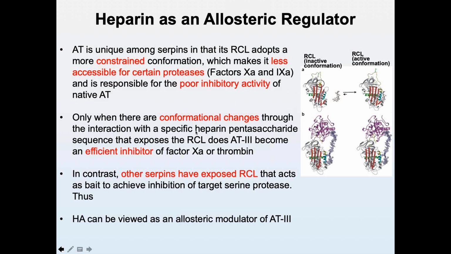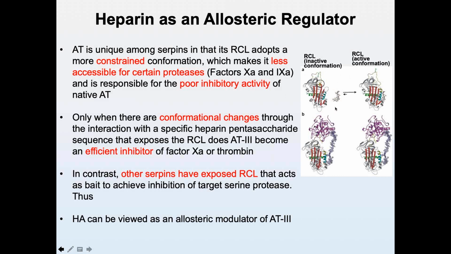However, other heparin antithrombin-like proteins, this conformation is in active form, is able to do what? Bind to what? Bind to thrombin and able to inhibit thrombin. So the heparin here is acting as what?